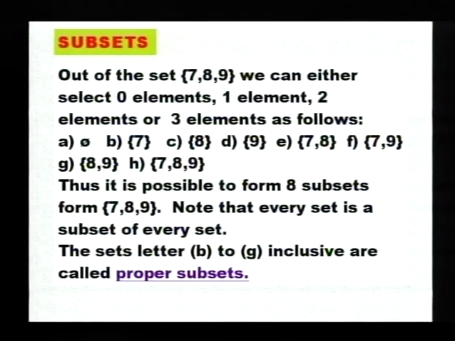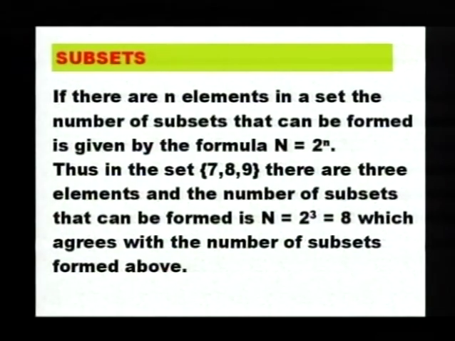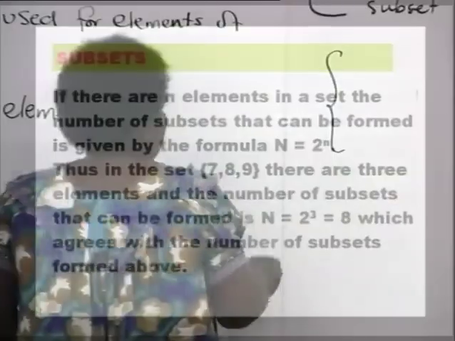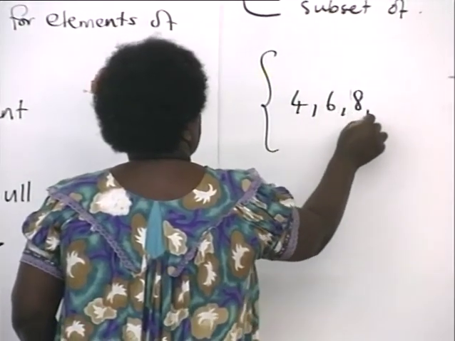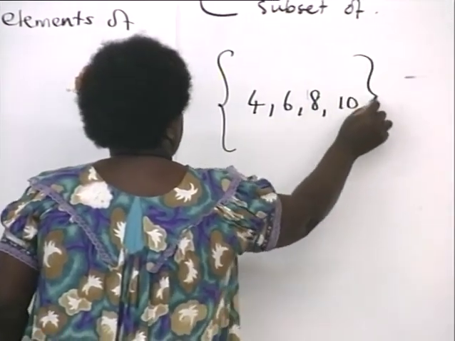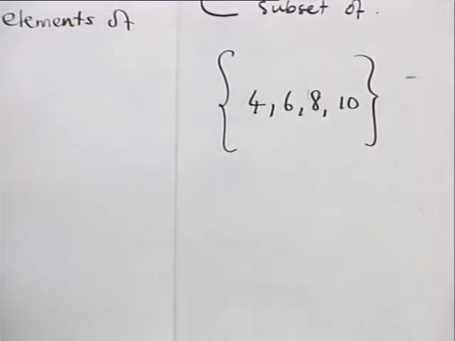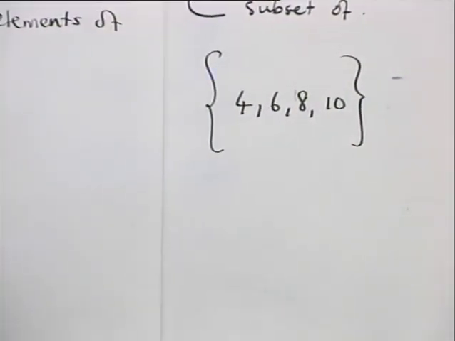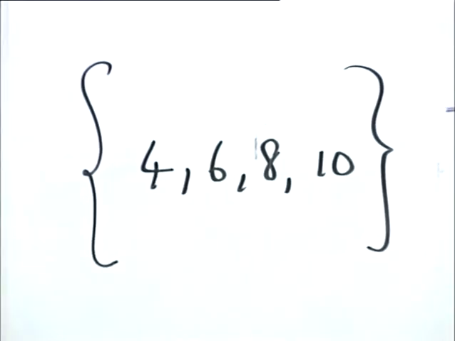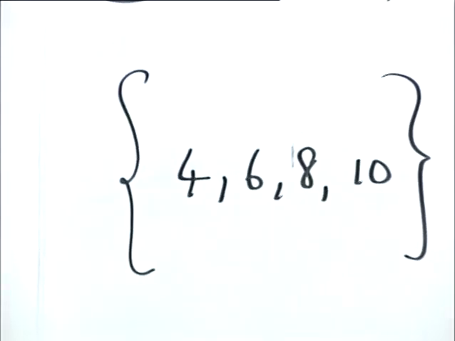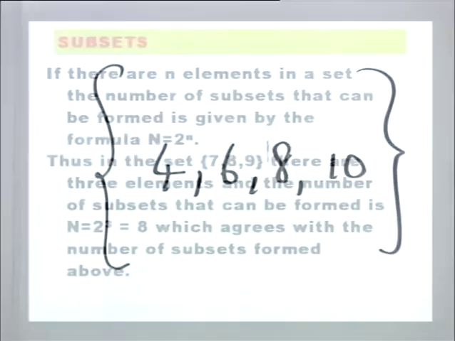We'll go on. If there are n elements in a set, for instance, if I write a set {4, 6, 8, 10}, it says that the number of subsets that can be formed is given by the formula 2 to the power of n.